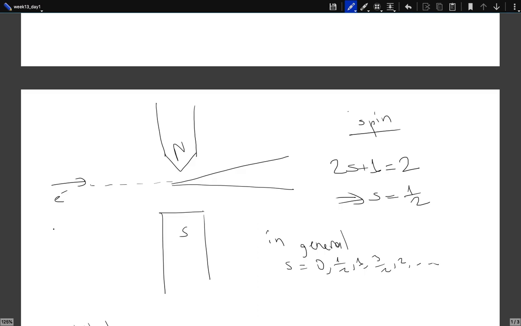So before I forget, here we say that there is an ms quantum number also, which takes values either plus 1/2 or minus 1/2. Yes, now your question.